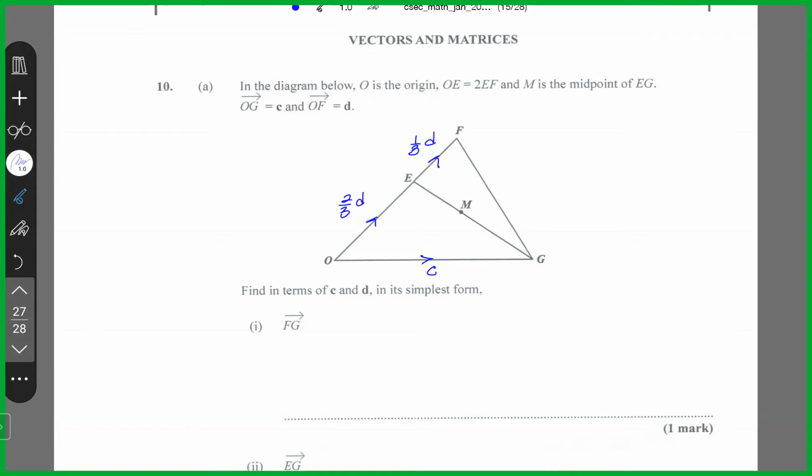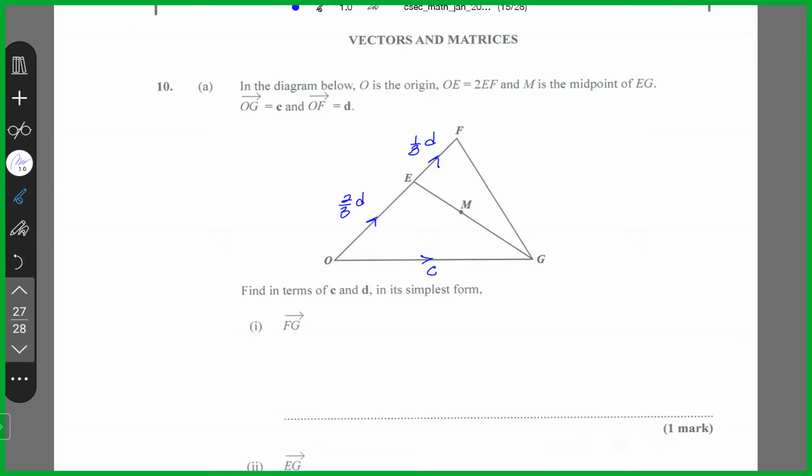In other words, OF is divided in the ratio 2 to 1. So it's divided into 3 parts. OE is 2 parts of the 3, and EF is 1 part of the 3. So OE is 2/3 of D, and EF is 1/3 of D.